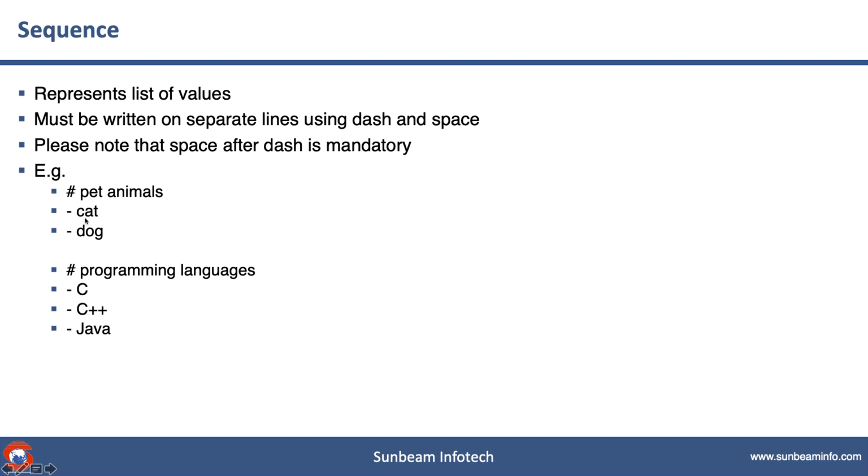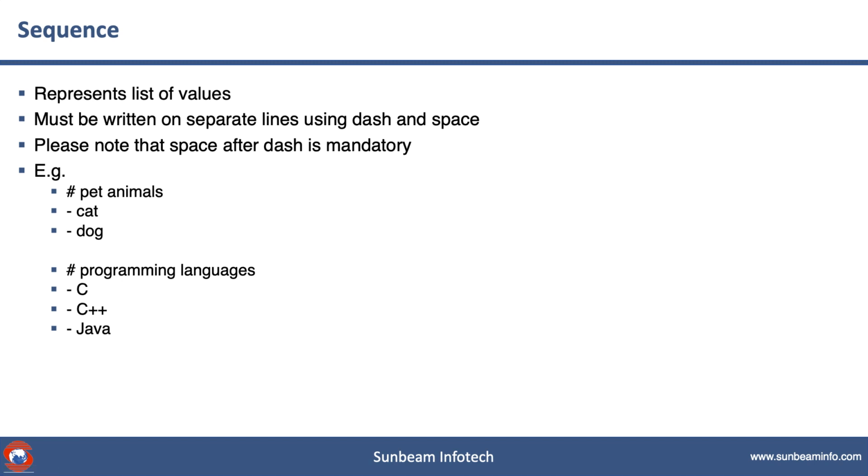I'm just having a collection of pet animals, cat and dog. Both of them are listed on separate lines starting with a dash, and there is a space between the dash and cat, and the dash and dog. Another example, programming languages. Again, this is a comment and you have three programming languages in it: C, C++ and Java. So a sequence is nothing but a collection or list of values.